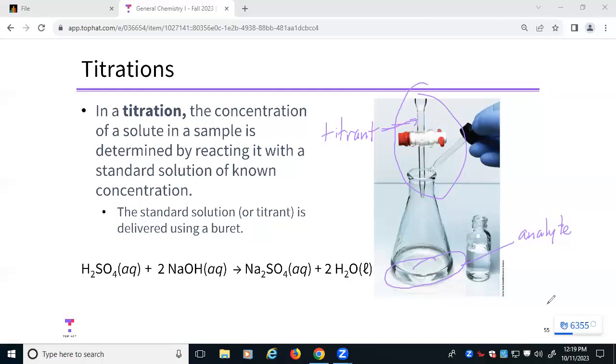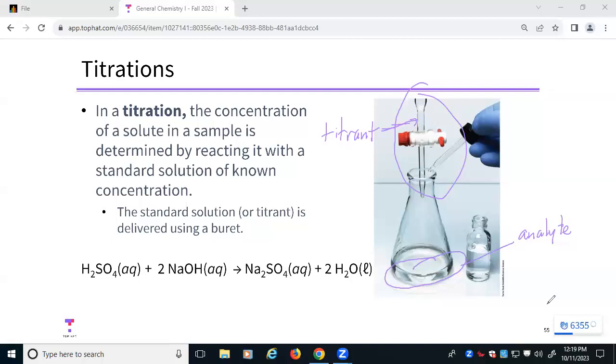Now, we talked about this to some degree when we were talking about ionic equations. How do we know that a reaction did occur? Well, we were able to prove that through our use of solubility rules, our understanding of electrolytes. We can prove that this reaction actually does happen. But in terms of the titration process itself, how do I figure out the concentration of the analyte if I don't know when the reaction is actually over? That's a different kind of problem entirely.